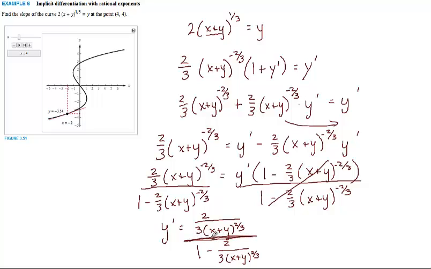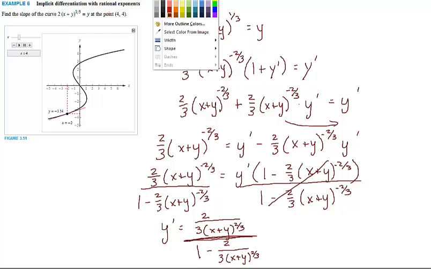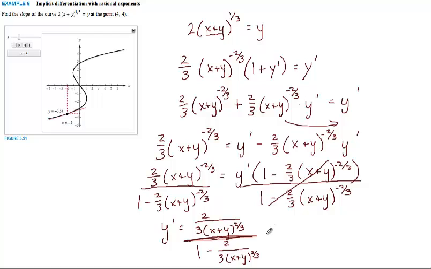So here's my main fraction. Not that it really matters because all I need is the slope, but just so that you can see it, I could make this prettier by multiplying top and bottom by 3 times x plus y to the 2/3.